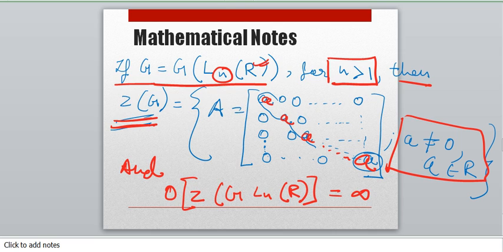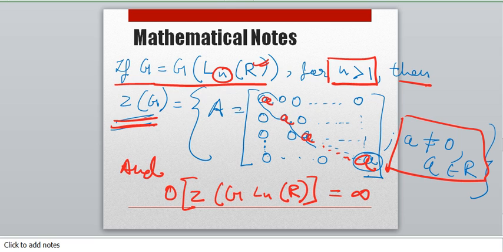The order of the center of this group is infinite, it will continue on and on to infinity. This example is very vital, students. Go through this example, a very important example.